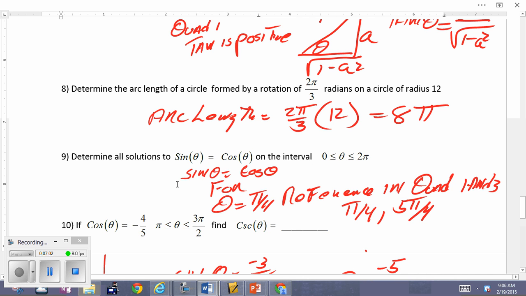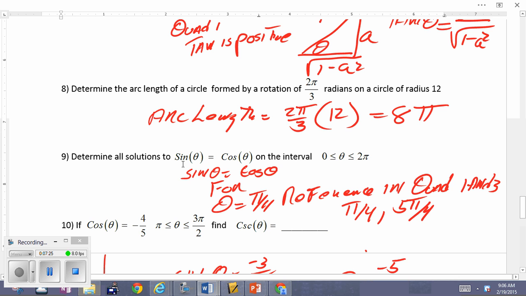Determine all solutions to sine theta equaling cosine of theta. What I did here is in 0 to 2 pi, we know that sine and cosine share that pi over 4 value, root 2 over 2.